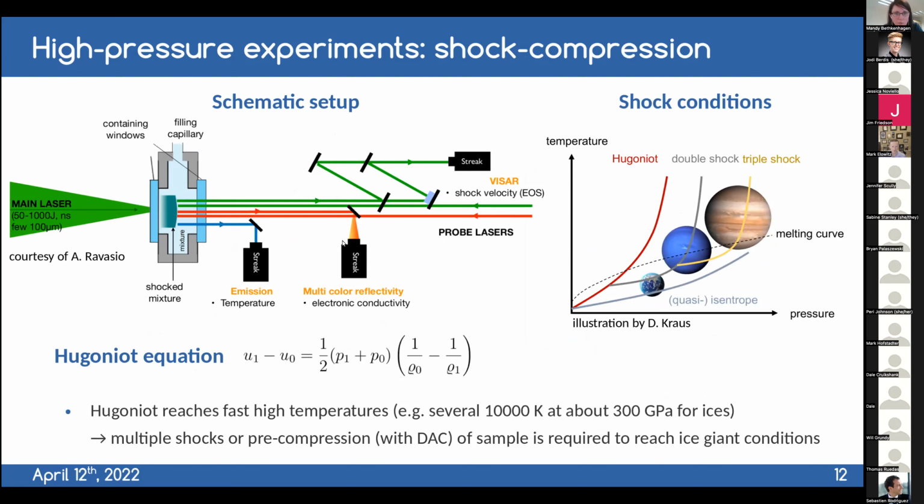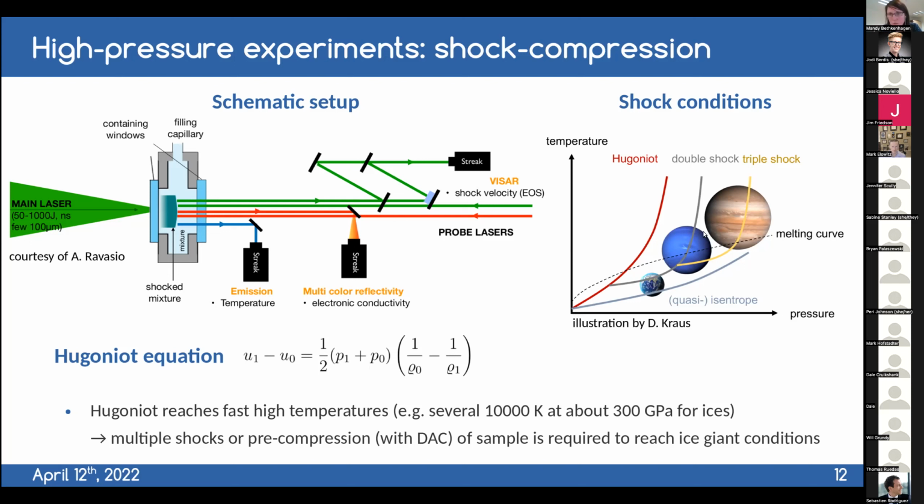And then we have a couple of instruments we can use to identify, for example, the temperature by measuring the gray body radiation, or we can have a reflectometer to get the conductivity and reflectivity. And we have a VISAR to get the shock velocity, which we can translate with the Hugoniot relation down here into pressure, where we always relate the initial state, which is given by the 0, to the final shock state, which is indicated by 1.